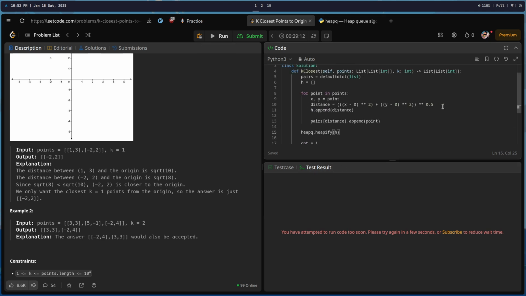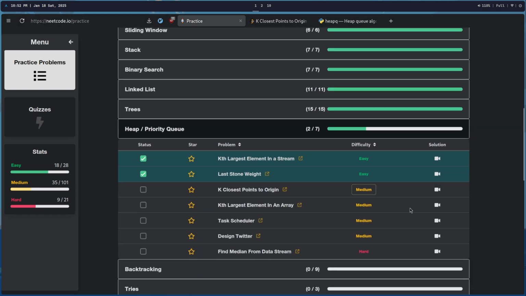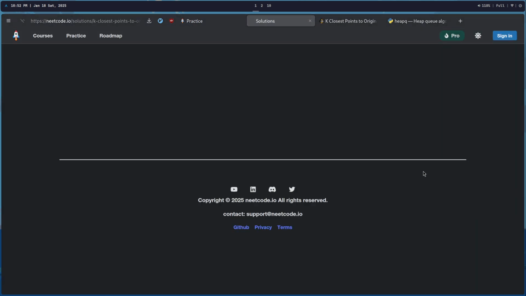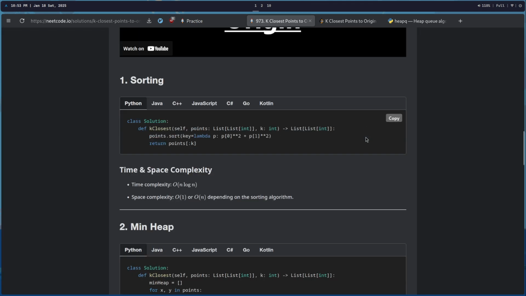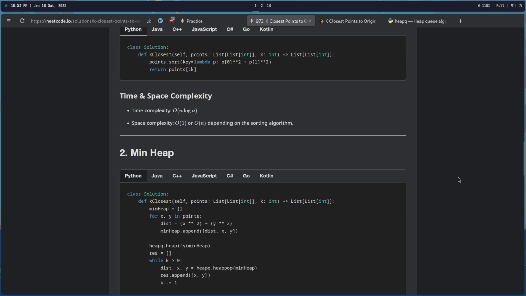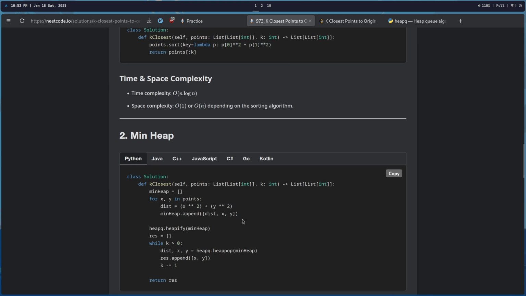What if I .4? I don't know. I'm running out of time, so I think I should just look at the solution here. What am I missing? Min heap. Oh, what?